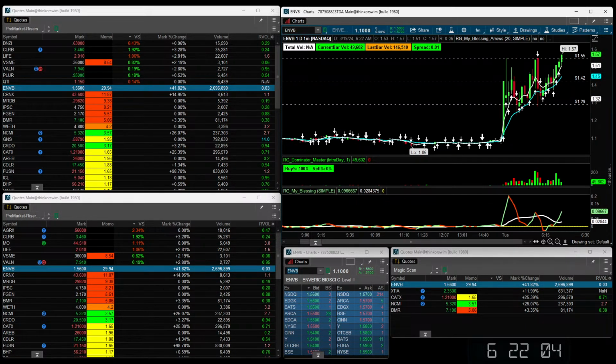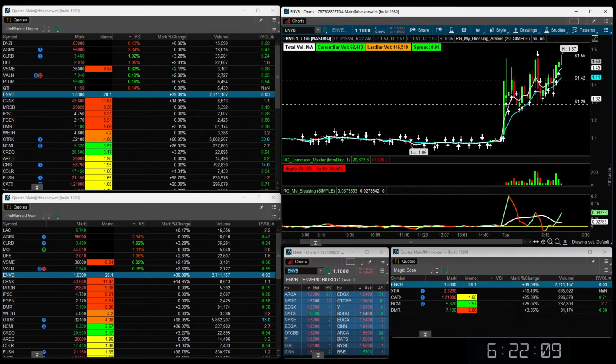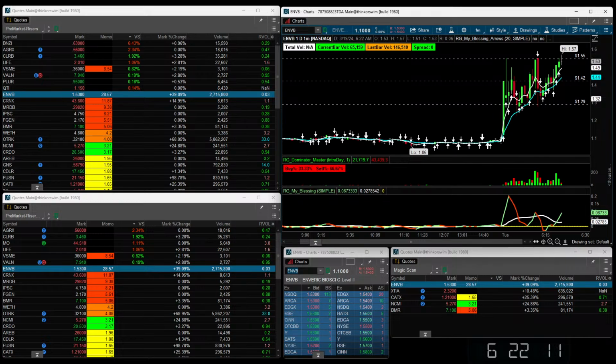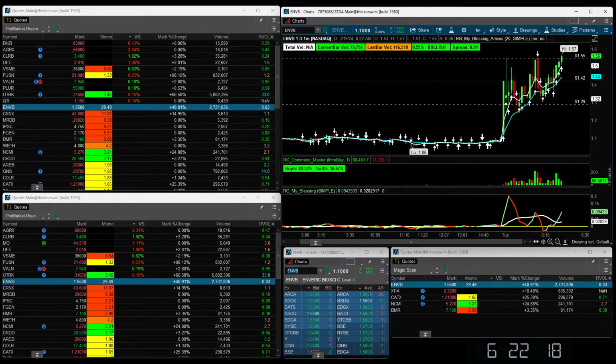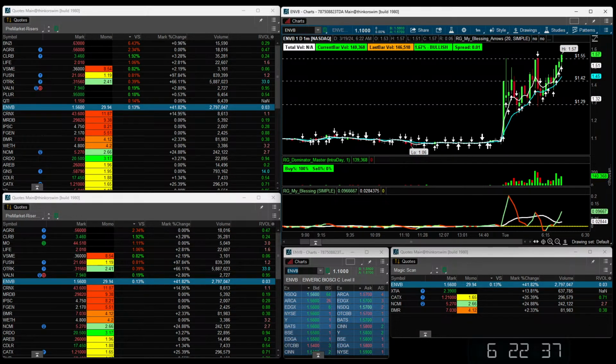There's to push through that $1.55. Back down below $1.55. Might be worth sitting on a small share size just to see where it goes. Looks like the volume's picking up on it now.